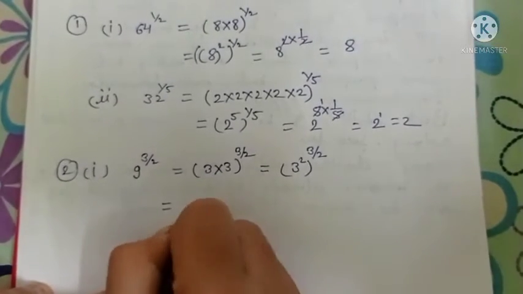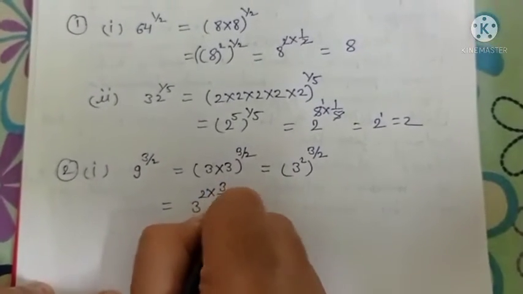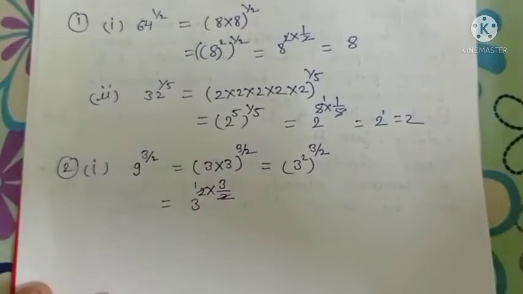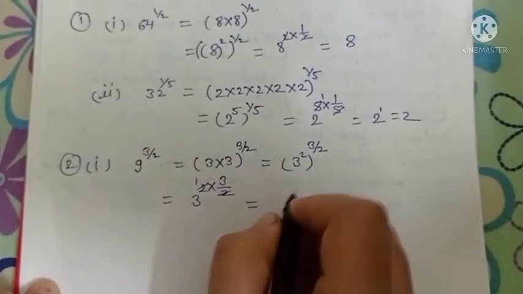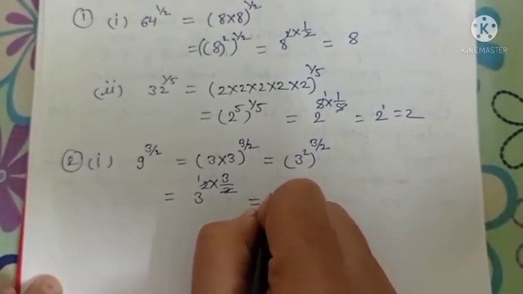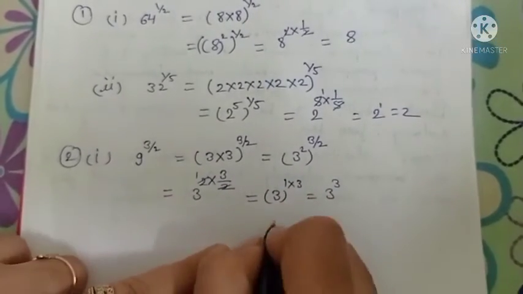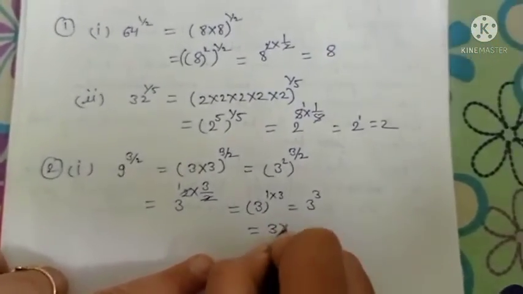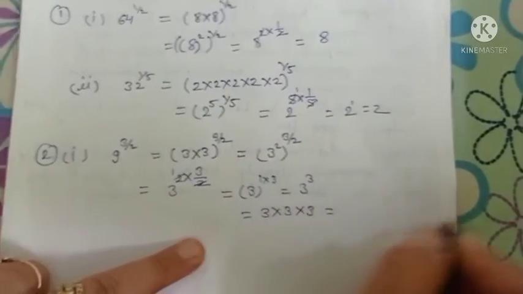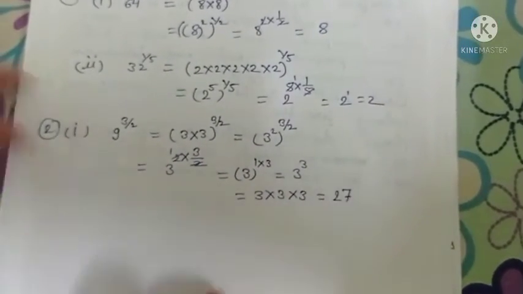Now powers are multiplied, 2 into 3 upon 2, 2 is cut by 2 one time, and we get 3 to the power 1 into 3, it means 3 to the power 3. 3 is multiplied 3 times, then we get 27.